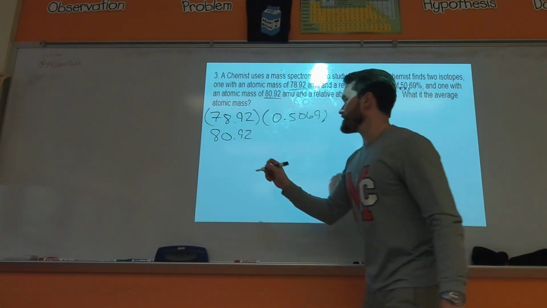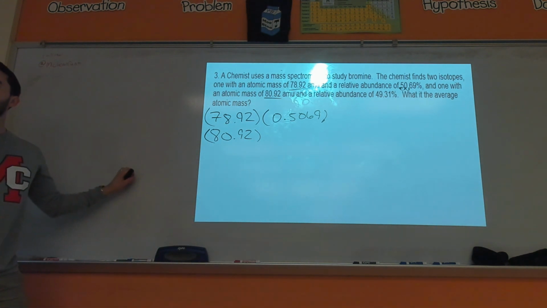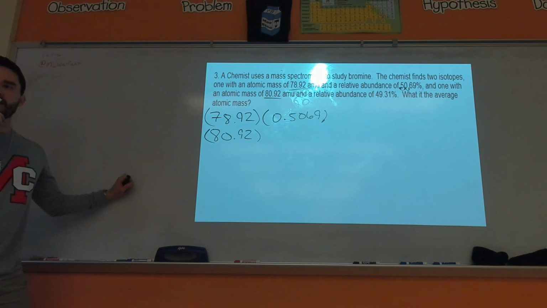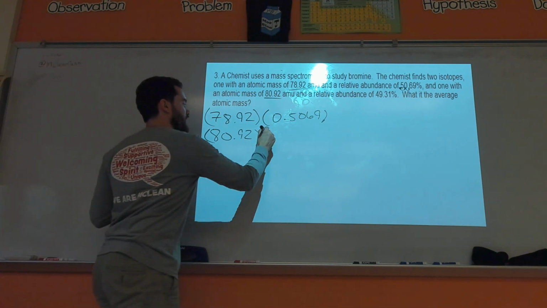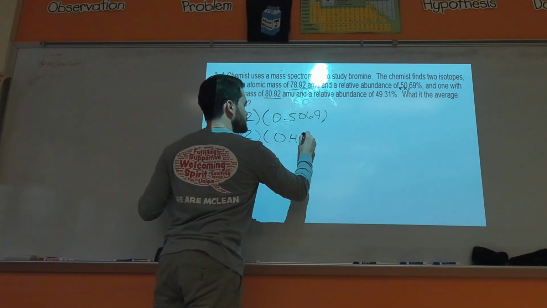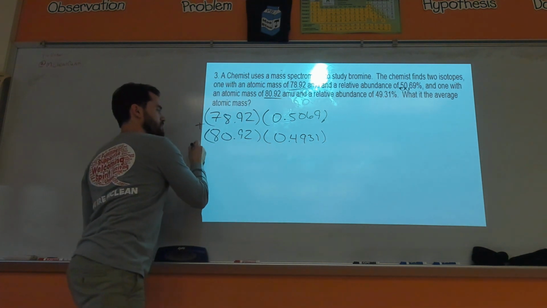Alright, now 80.92. Multiply that by its percent abundance as a decimal. So what would that be? What would I want to multiply that by? Good. 0.4931. Yep, 0.4931. Okay. Then you want to add them up.